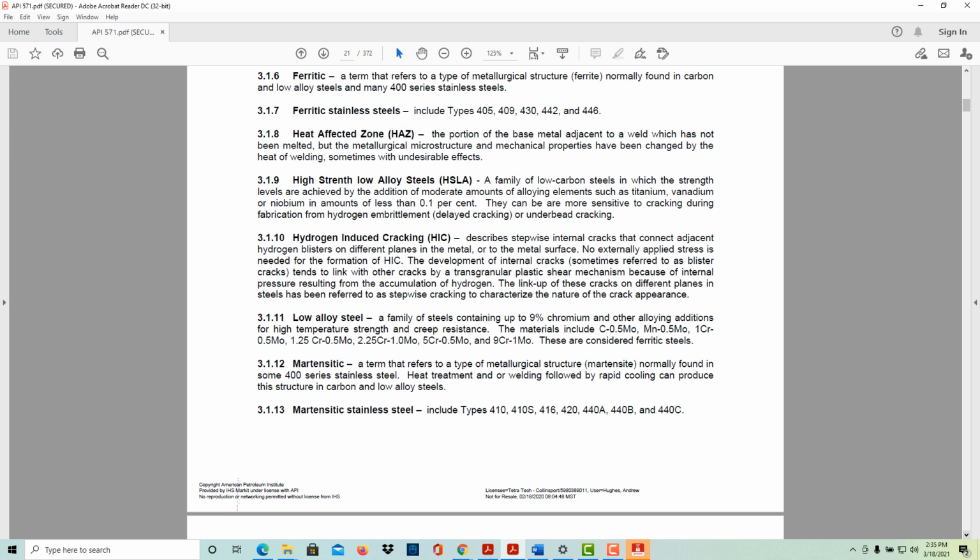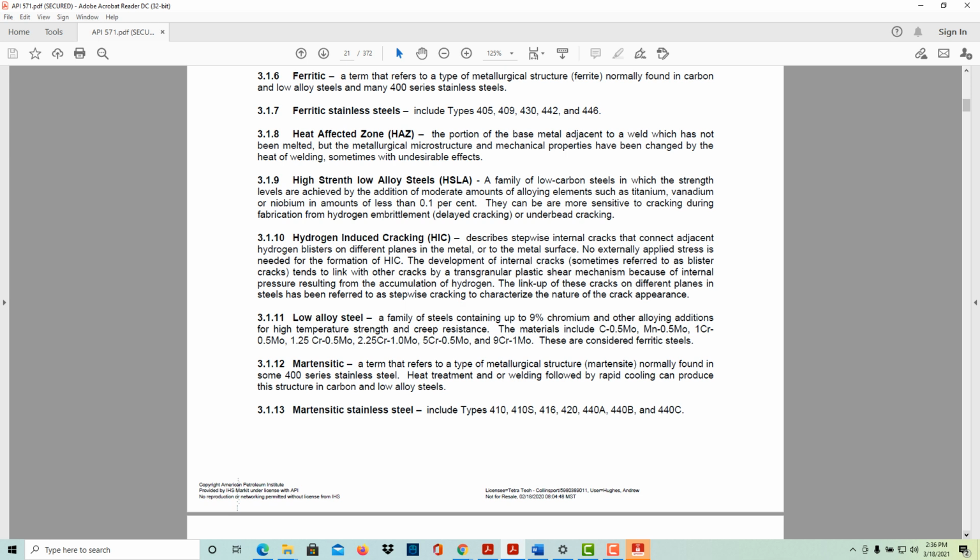Low alloy steel, a family of steels containing up to 9% chromium and other alloying additions for high temperature strength and creep resistance. These materials include chrome half moly, manganese half moly, 1 chrome half moly, 1.25 chrome half moly, 2.25 chrome 1 moly, 5 chrome half moly, and 9 chrome 1 moly.